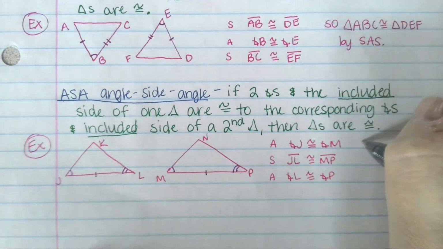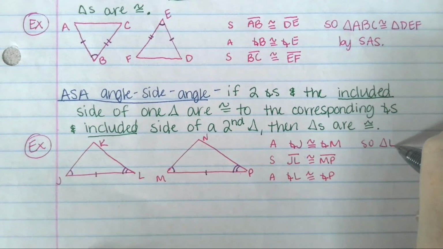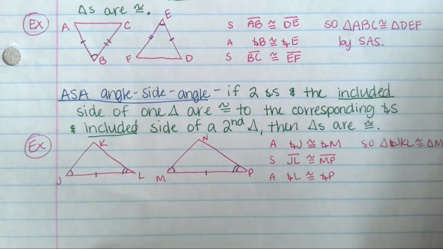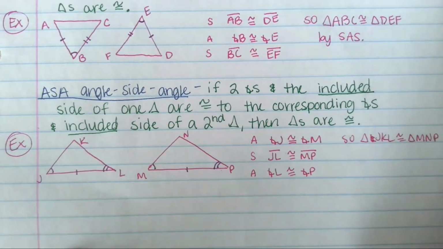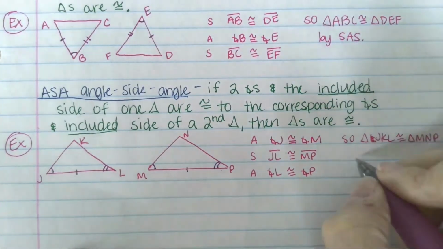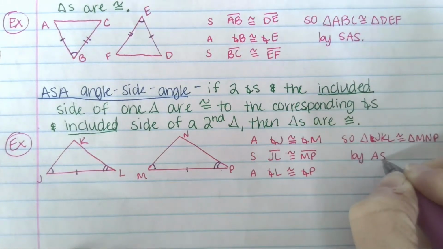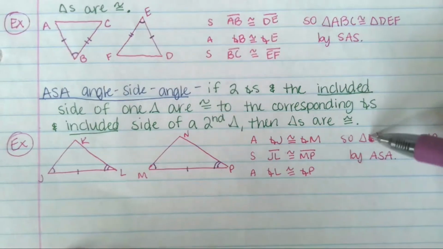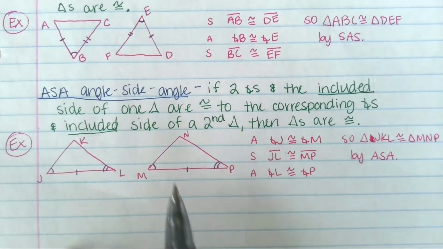So we can say that triangle JKL is congruent to triangle MNP by angle, side, angle. So two angles with the side that connects them makes angle, side, angle.